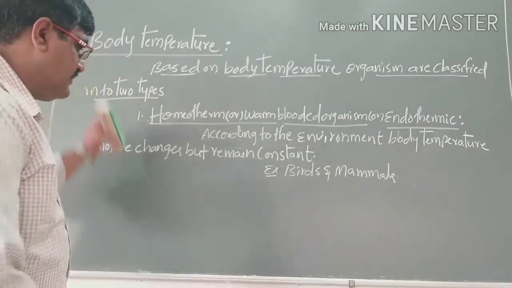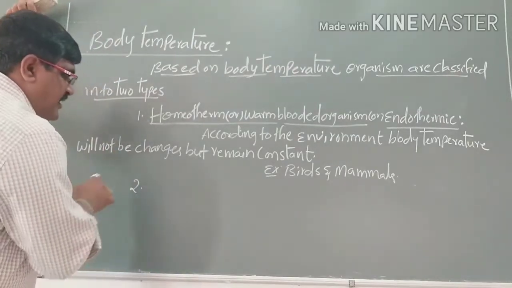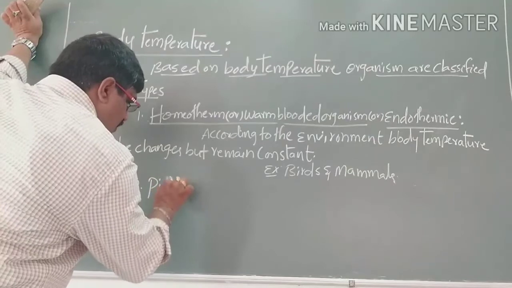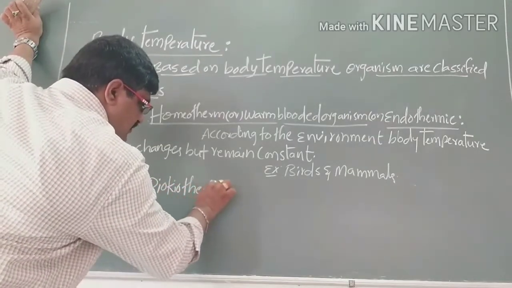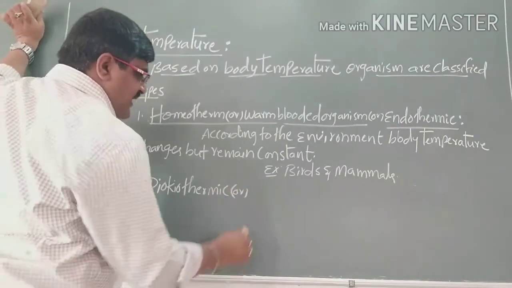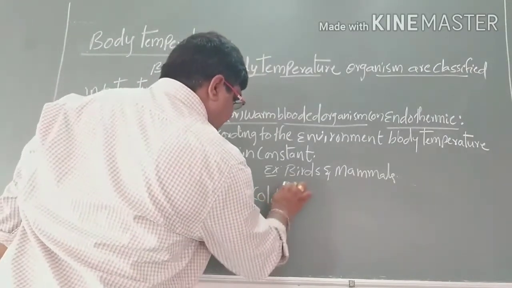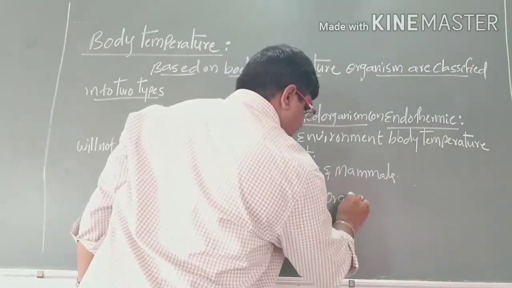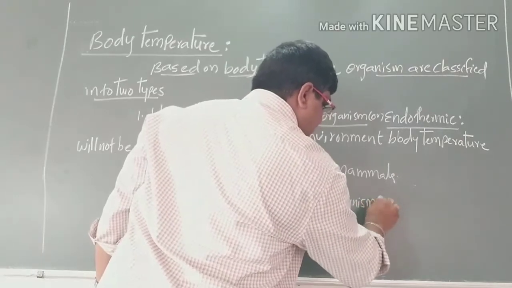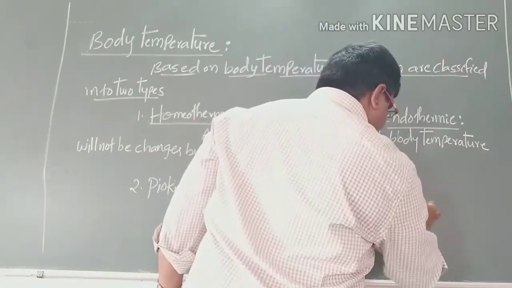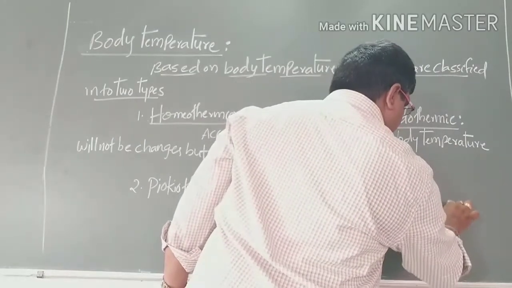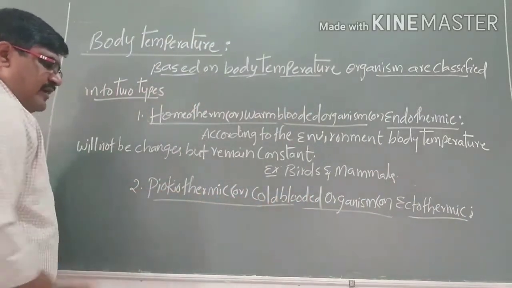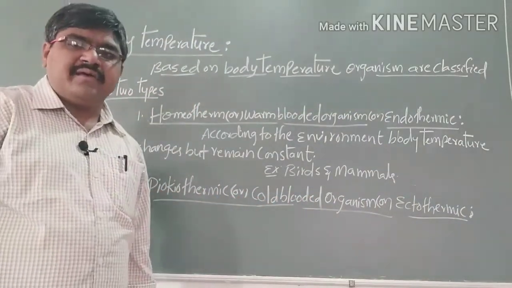And the second type is the poikilothermic, or we can call them cold-blooded organisms, or we can call them ectothermic organisms.